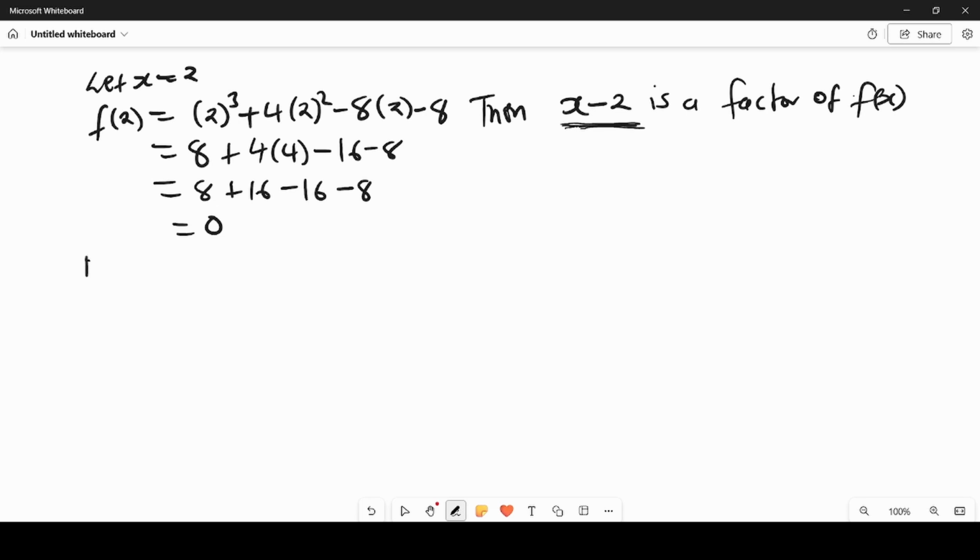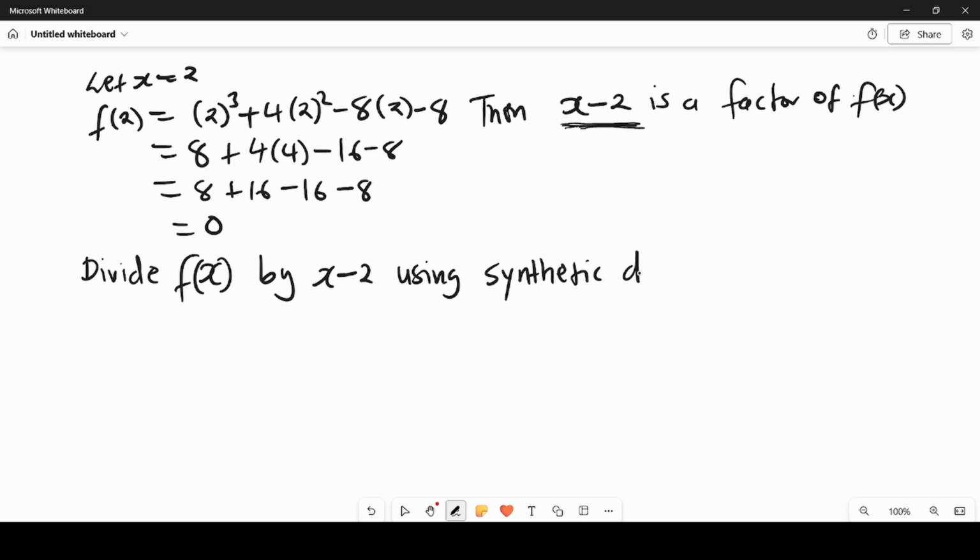So you can say divide f of x by x minus 2, the found factor, using synthetic division.